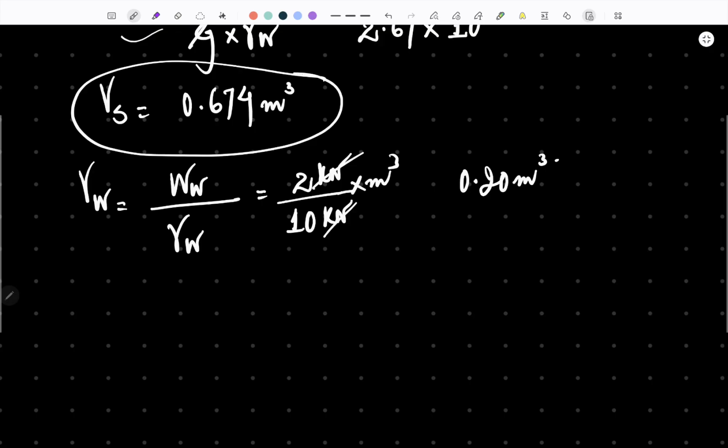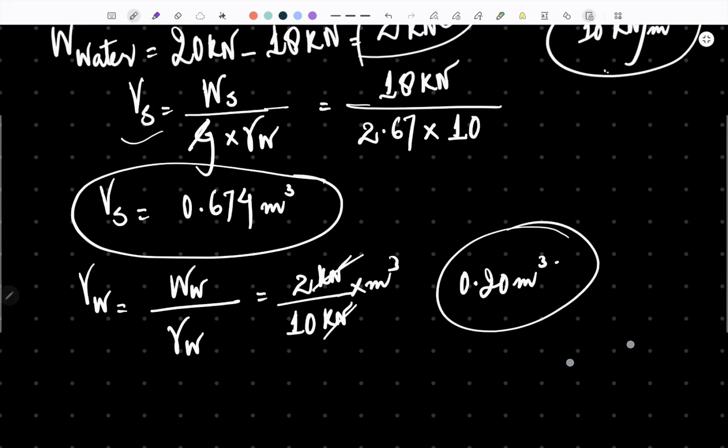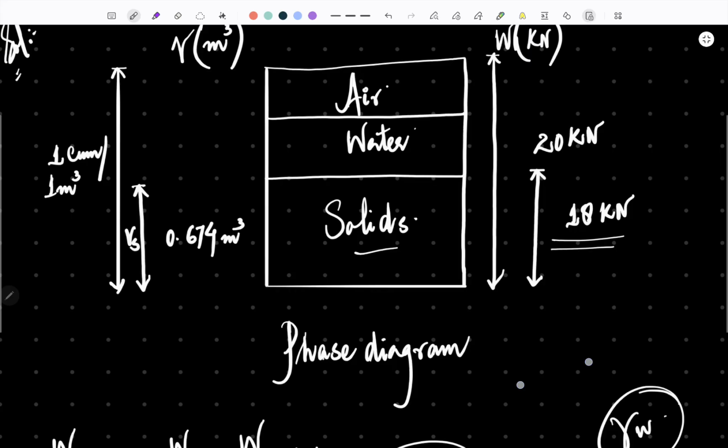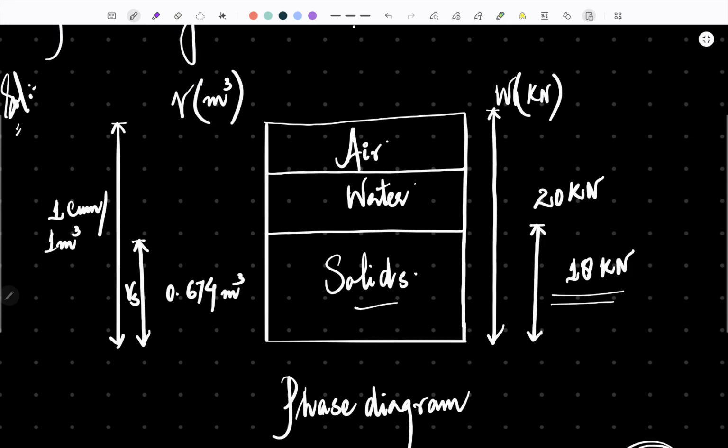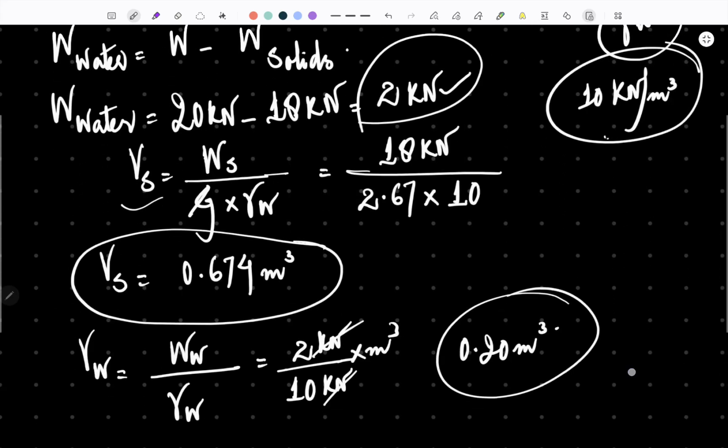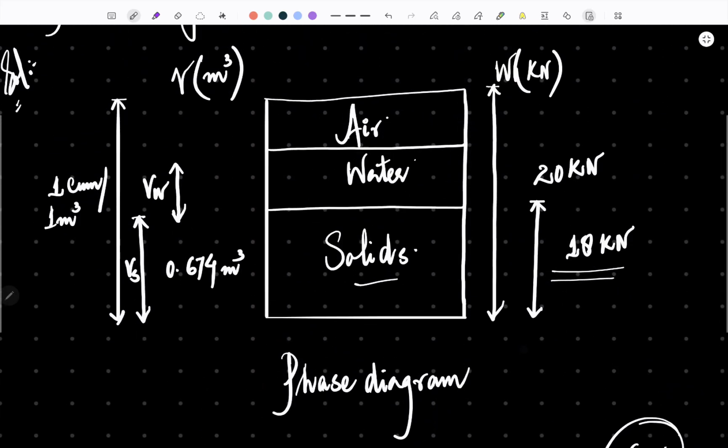All right. It is 0.20 cubic meter. So now I have volume of water as well. I'll be representing the same thing onto my phase diagram. Over here, this is the volume of water, and by calculations it came equivalent to 0.20 cubic meter.